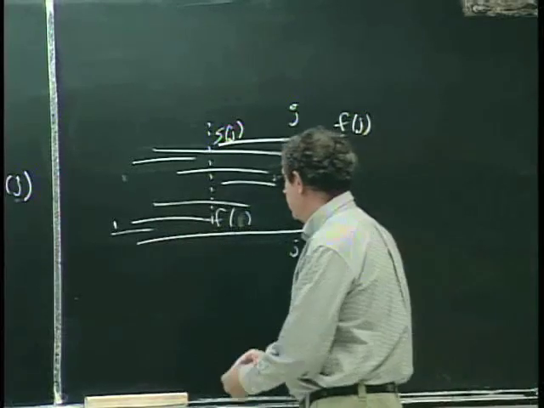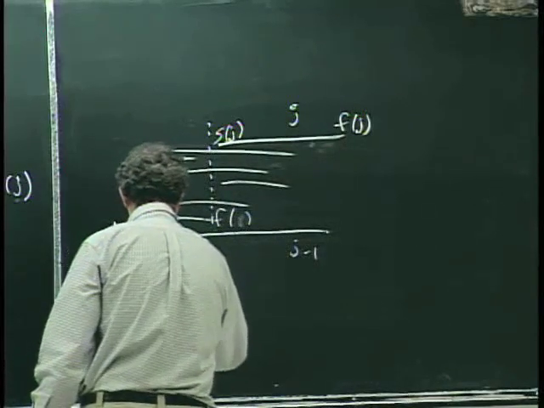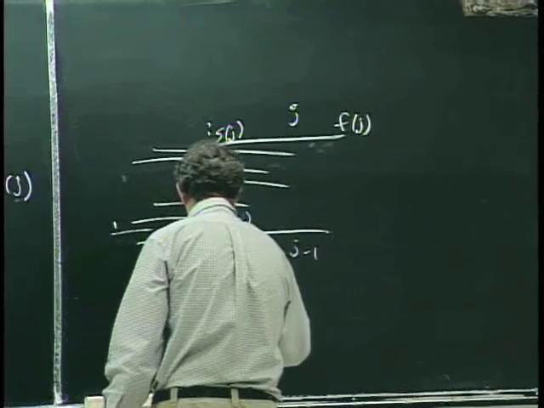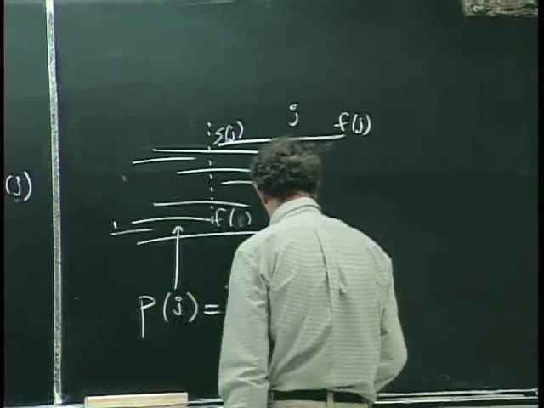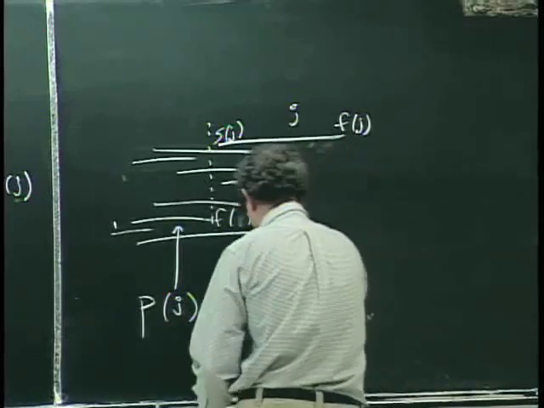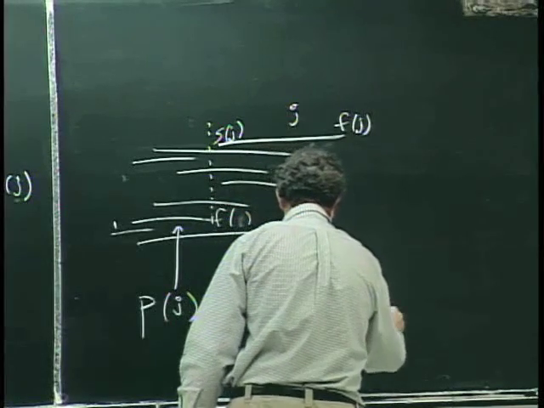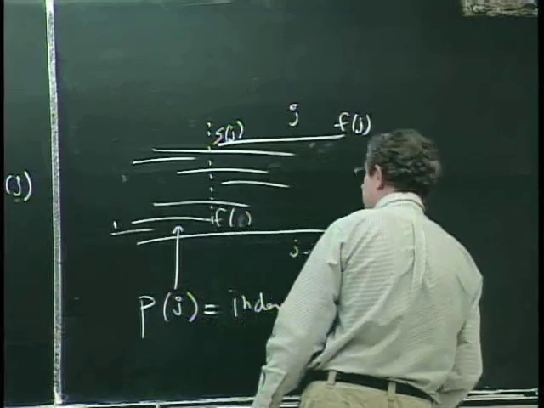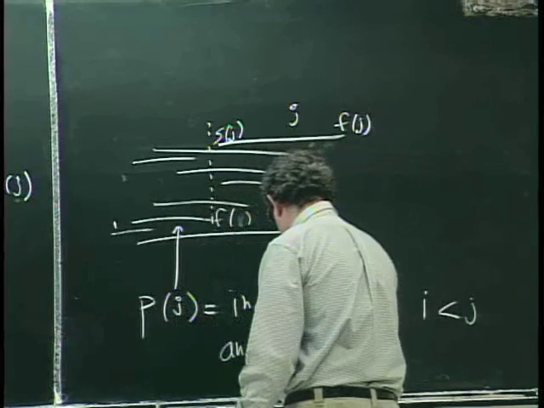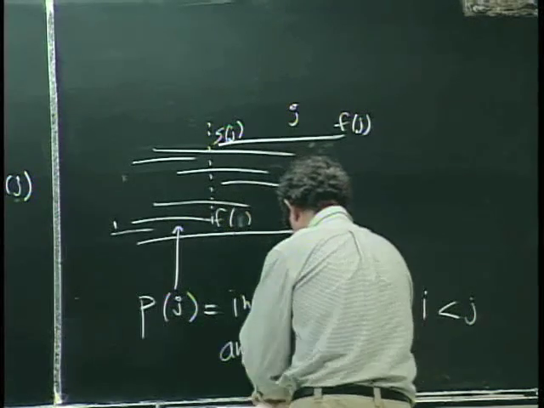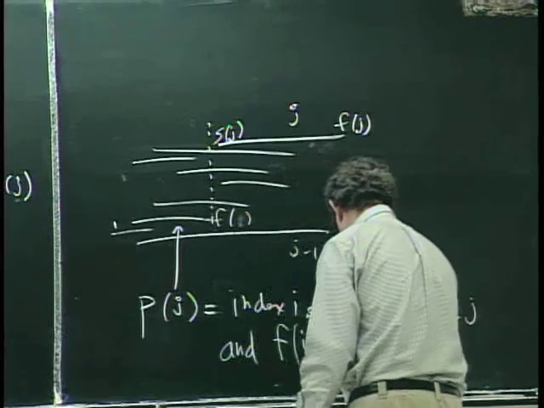So it's useful to have a notation for that. P of j is the index of an interval, let me call it index i, such that, first of all, i is less than j, and the finishing time of i is less than the starting time of j.